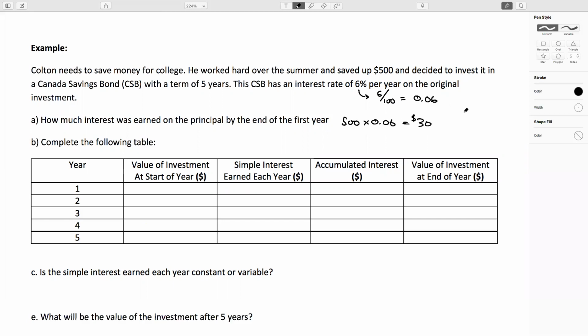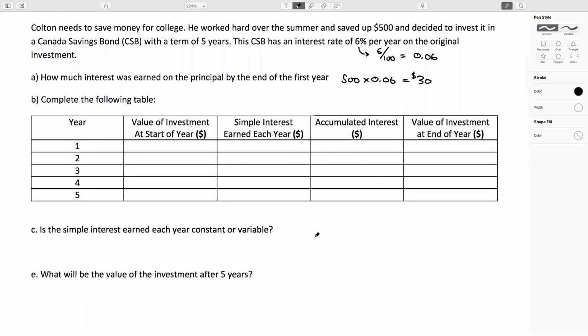Now let's complete this table, and we can analyze how his money has grown over this 5-year term. The value of the investment at the start of year 1 is going to be $500. Simple interest earned is the same every single time because it's based on the original principal. So you're earning $30 every year.